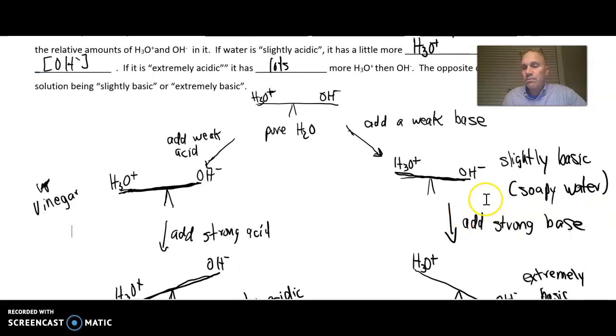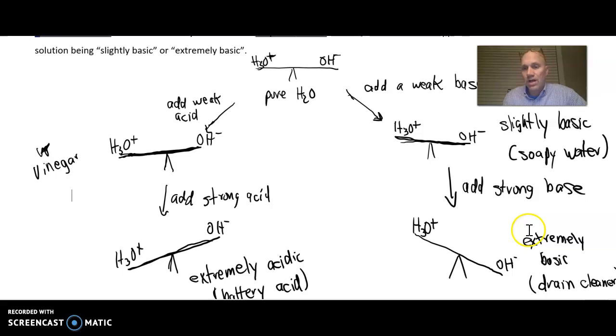All right, so let's pretend that we then added a strong base to that, something like sodium hydroxide. That's going to tip the scale way towards the OH minus. But notice if you add OH minus, the amount of H3O plus has got to go in the opposite direction.